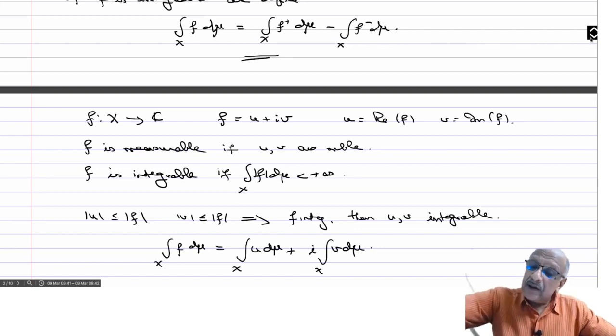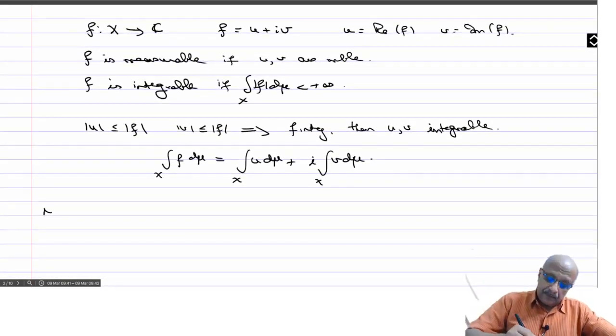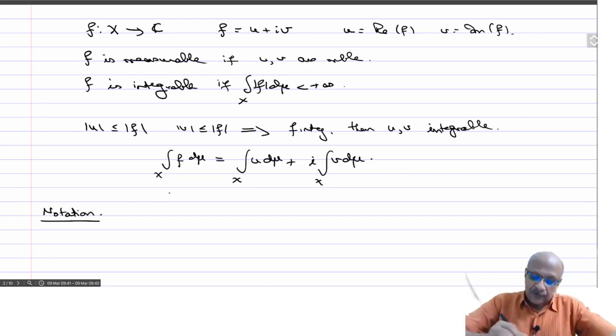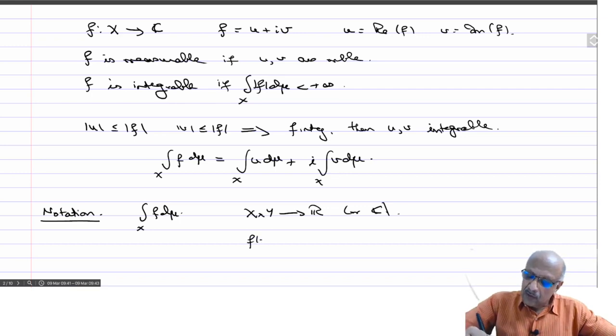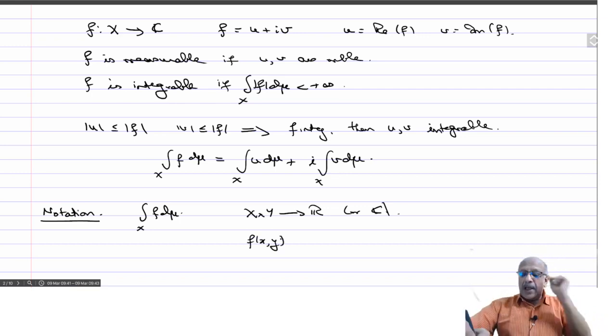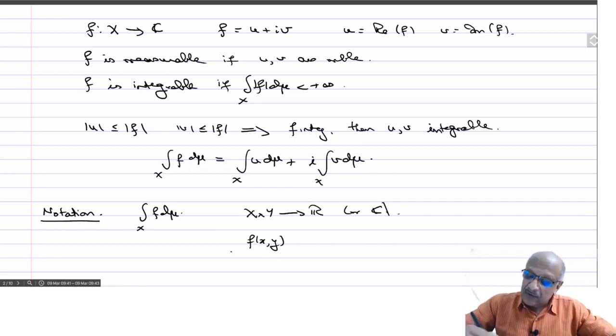So generally we keep the notation simple, as long as there's no confusion, namely there's only one space and so on, and we will always write integral over X f dμ. But in case you have, say, two variables in R or C, etc., and you have a function of two variables, and we want to define an integration of this with respect to one of the variables, so the measure space would be X, Σ, μ.